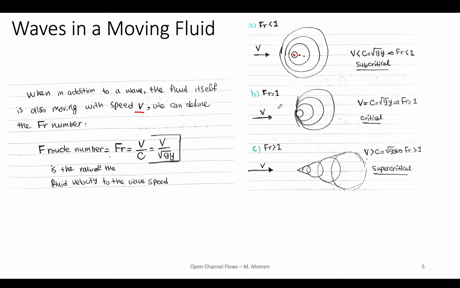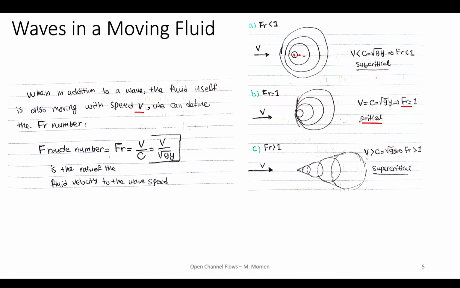Okay, and then the second regime is where the velocity of the fluid equals the wave speed, or square root of gy. This is what we call Froude number equals 1, and what we call a critical regime.